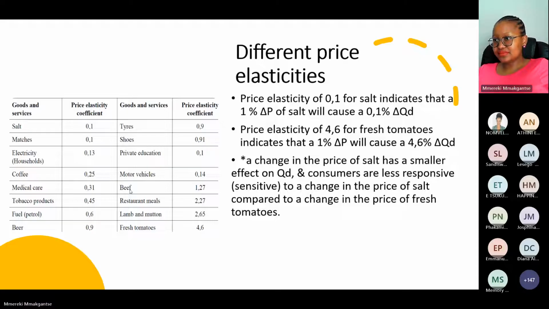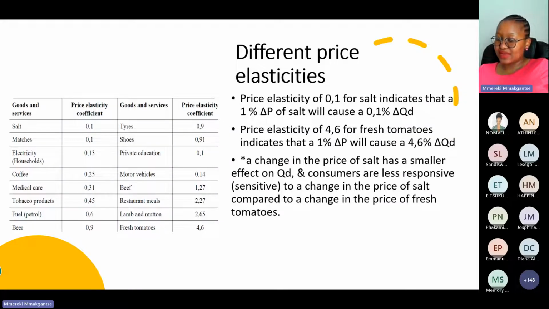And goods such as beef, restaurant, lamb, mutton, for sure those who eat caviar, those luxurious goods, the coefficients here are high. So now we are told that price elasticity of 0.1 for salt indicates that a 1 percentage change in price of salt will result in a 0.1 percentage change in quantity demanded.